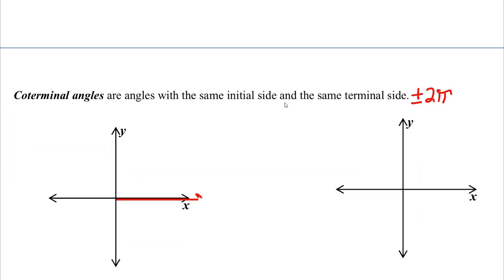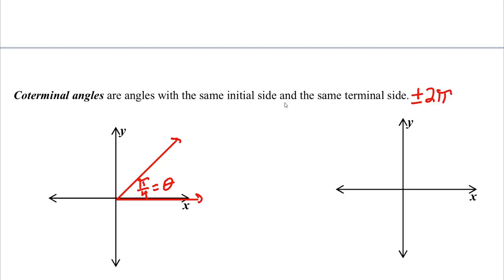So let's say our angle is here, and this angle is pi over 4, because it's 1/4 of that semicircle. Do we see that? Yes. Okay.